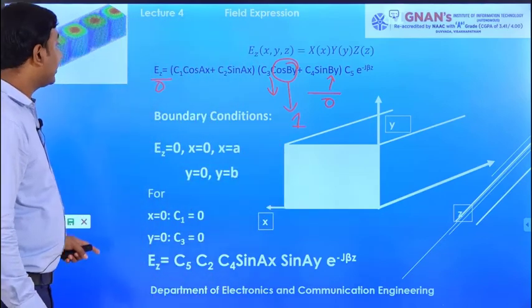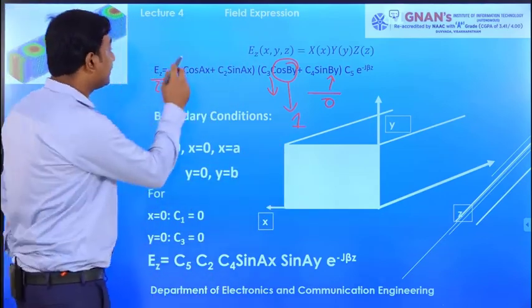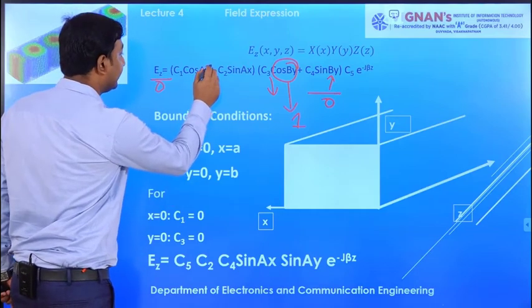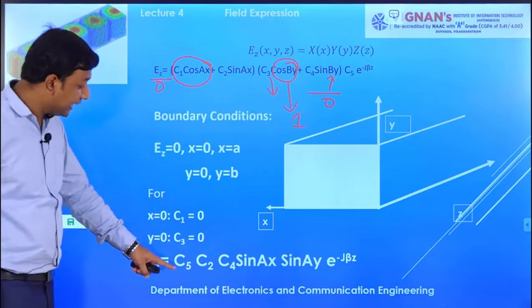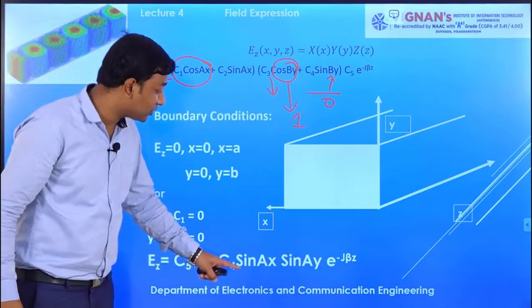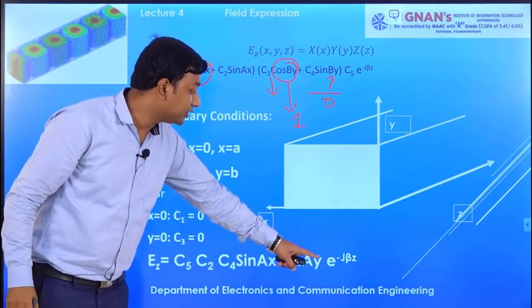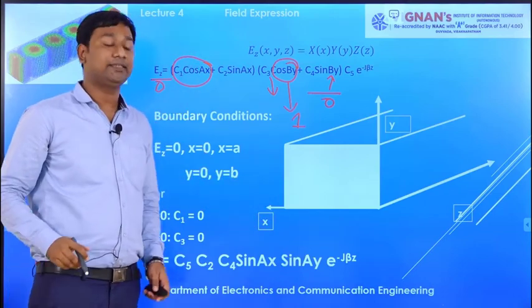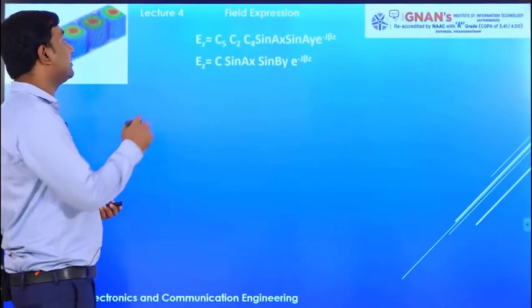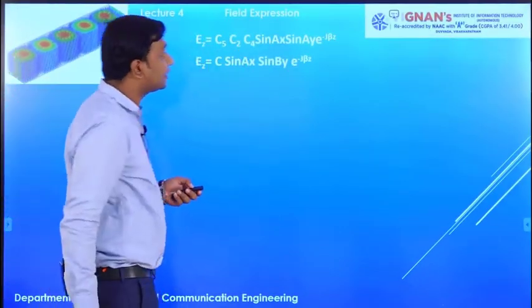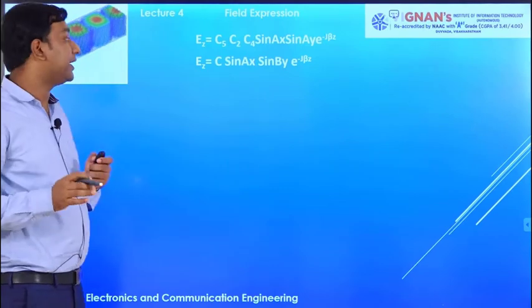So the equation of Ez is reduced, and we get C5, C2, C4 sin ax, sin by, e to the power minus j beta z. Now we are getting a reduced expression.